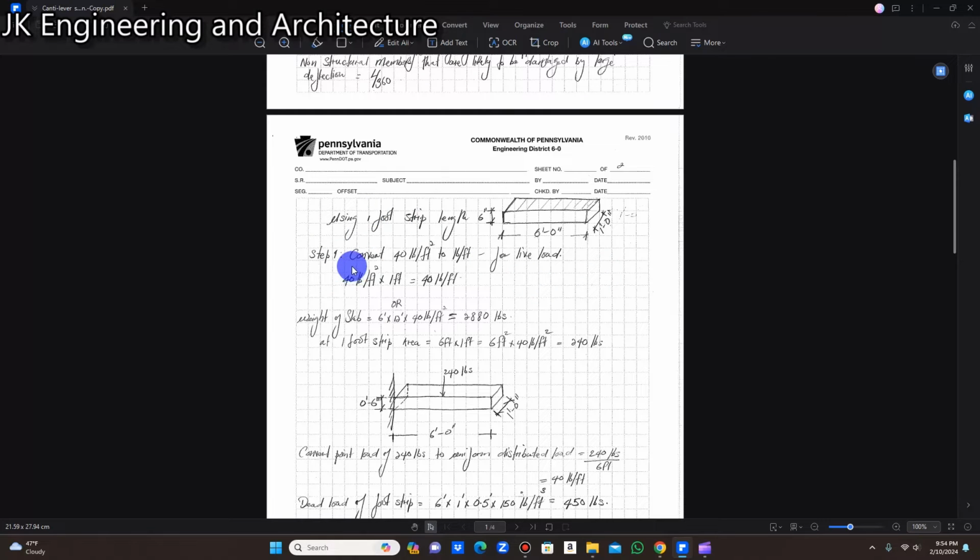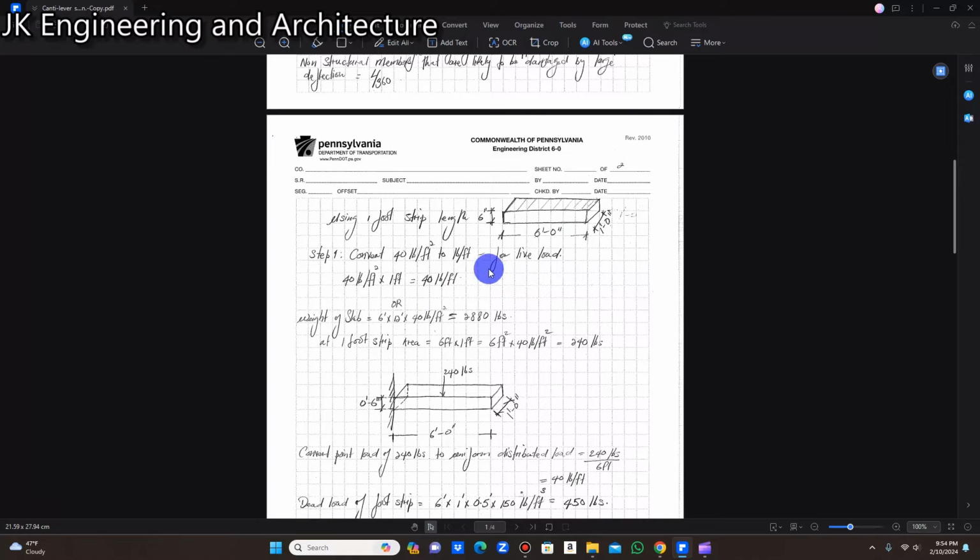So step 1, we are going to convert this 40 pounds per square foot into a uniformly distributed load in pounds per foot for our live load. All right.